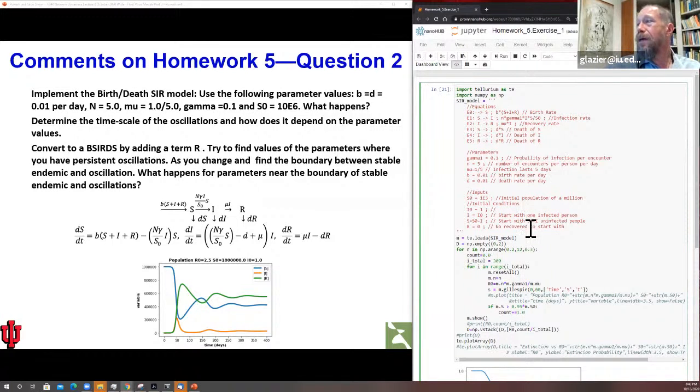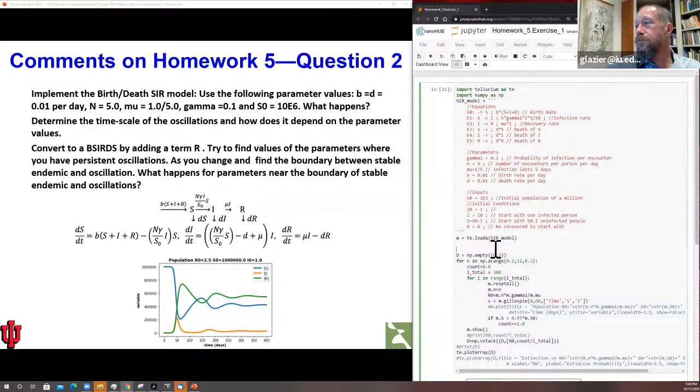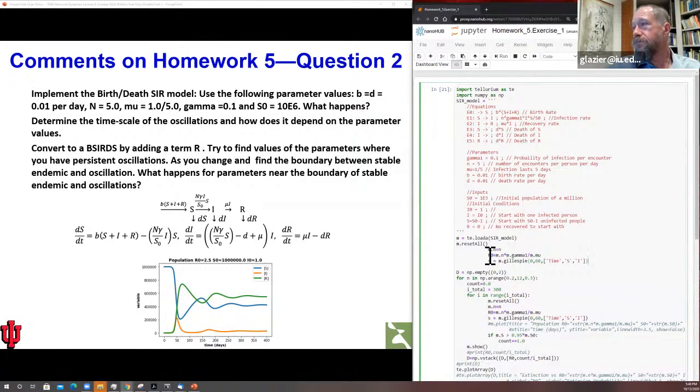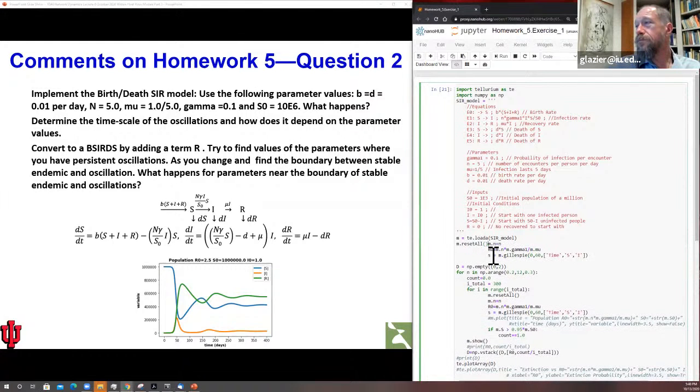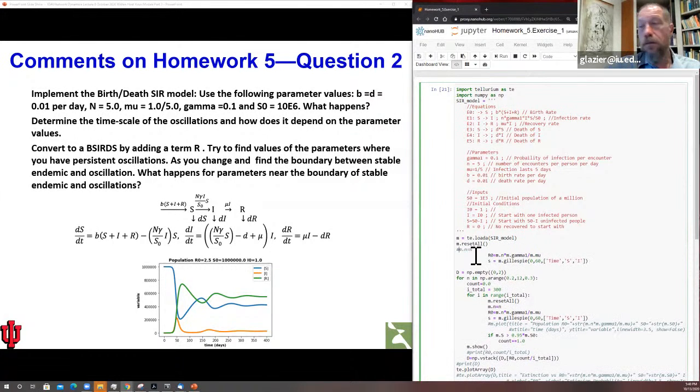All right. And now we're going to load our model, and we'll do our reset, calculate R0, and we'll plot our results. Actually, we don't need this for the moment because we're not changing that. So we'll calculate R0, and we'll plot, and we're not going to use the Gillespie here. We're just going to use simulate.